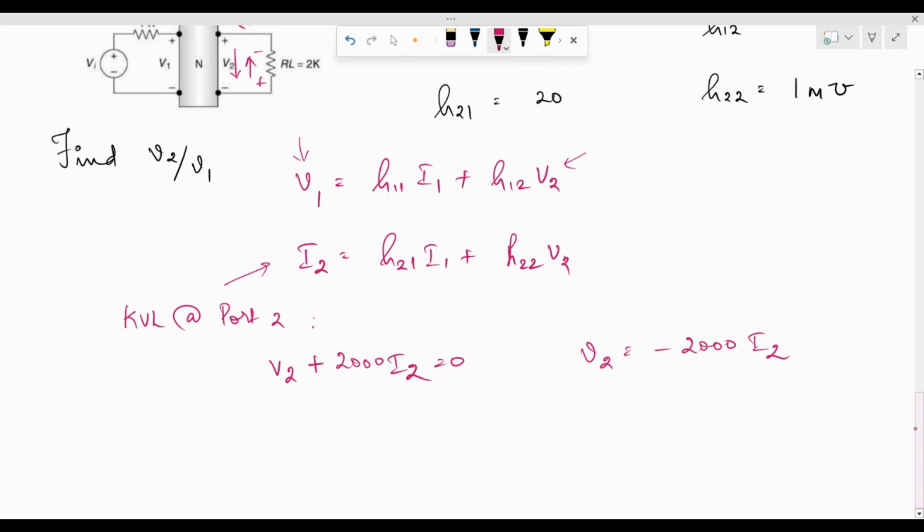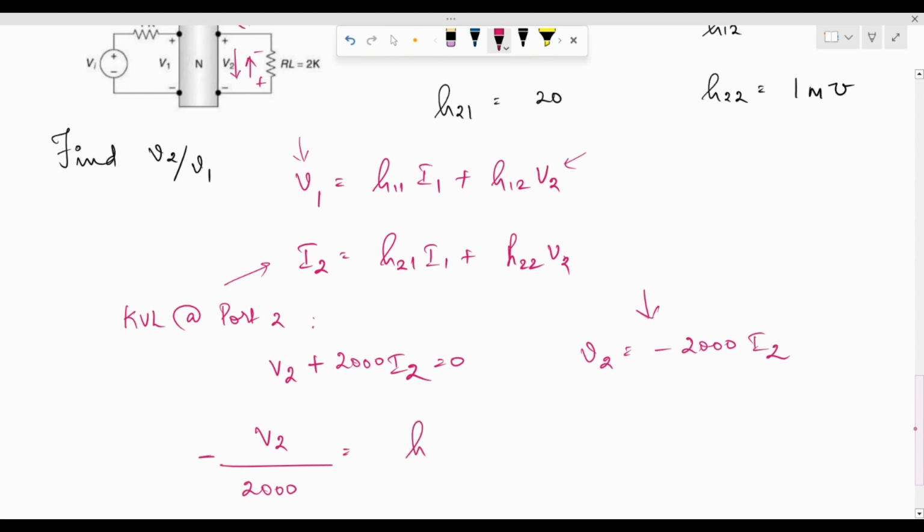So now we've got a relationship between V2 and I2. We can simply replace I2 over here and get I1 entirely in terms of V2. How do we do that? We see that I2 can be written as V2 by 2000 with a minus sign. So I've replaced it here from this particular equation.